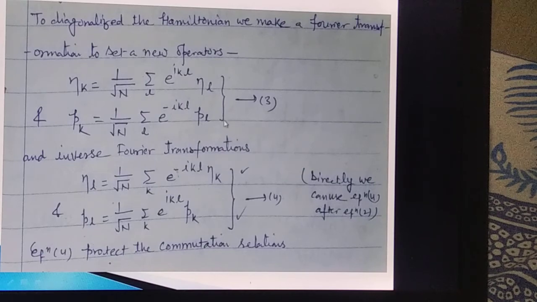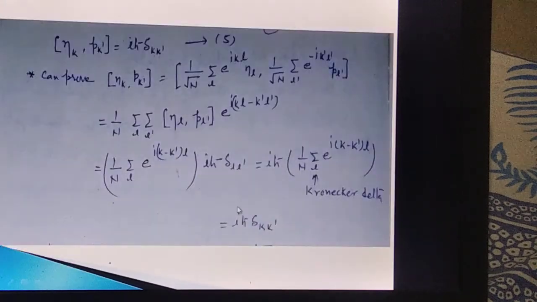In terms of Fourier transformations, the operators eta l and pl can be written as eta l equal to 1 over square root of n summation k exponential minus i k l eta k, and pl equal to 1 upon square root of n summation k exponential i k l pk, and these operators also follow the commutation relation [eta k, pk dash] equal to i h cross delta k k dash.